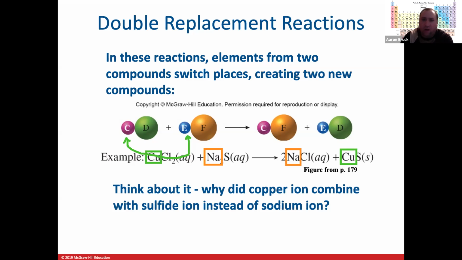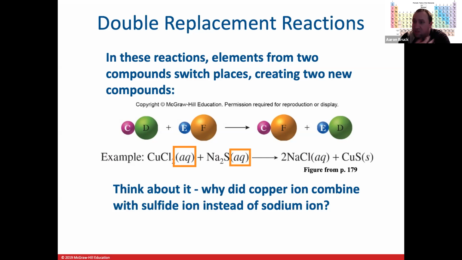Now, another key feature of double replacement reactions in particular is notice your phase of matter here. Aqueous, aqueous. Most of our double replacement reactions occur in aqueous solution.